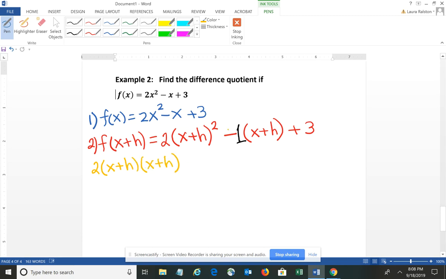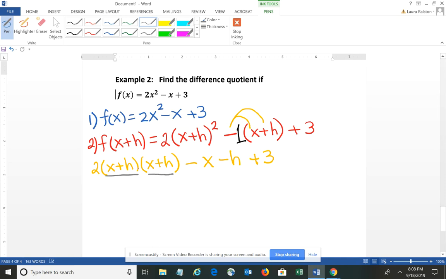Okay, I'm going to go ahead and distribute the 1. Negative 1 times x is negative x. Negative 1 times h is minus h. Plus 3 tags along.